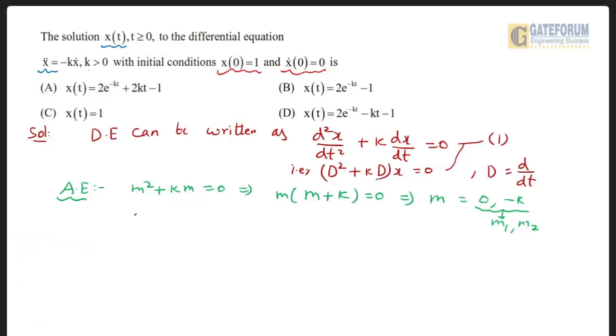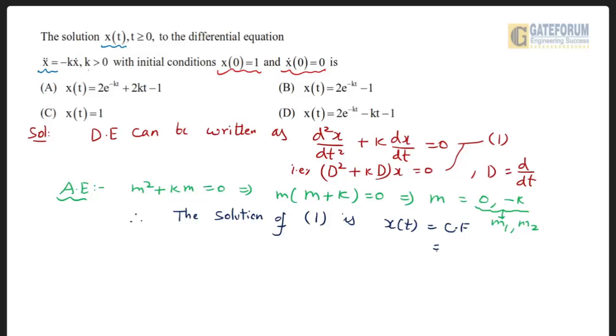Therefore, the solution of equation 1 is x of t is equal to CF, or you can write simply x is equal to CF. If you refer to the CF table, in place of x, now we consider the independent variable t.